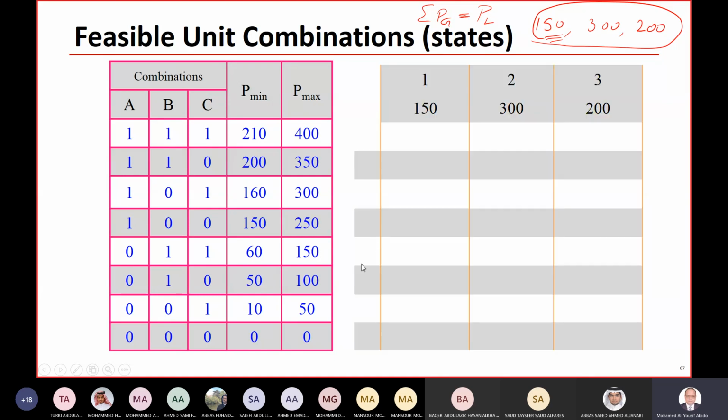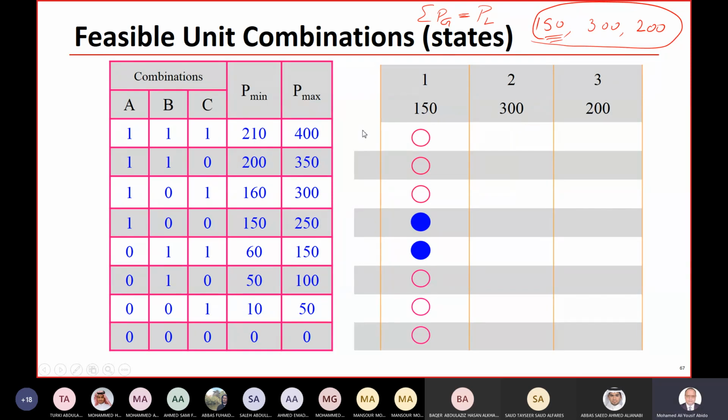So in this case, for 150, for period 1, you have 2 feasible combinations, and the others are unfeasible. Okay. This is for 150. Let us check for 300 now.